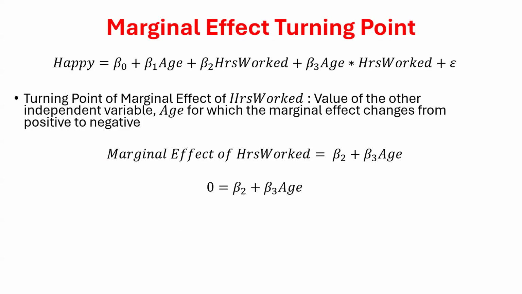So when I'm thinking about the marginal effect here of hours worked, it's going to start out when age is 0. It's starting out at what, 0.1003. But then as someone gets older, what's happening to that marginal effect?